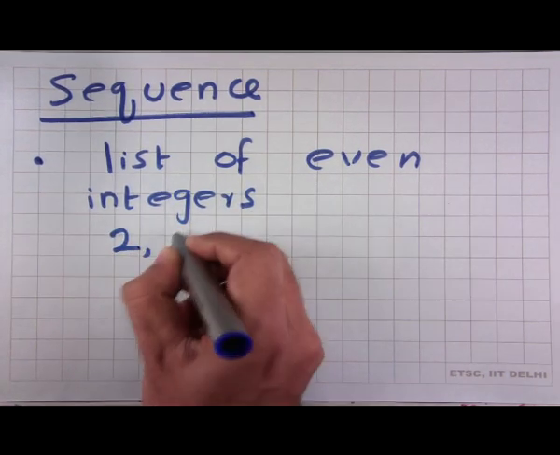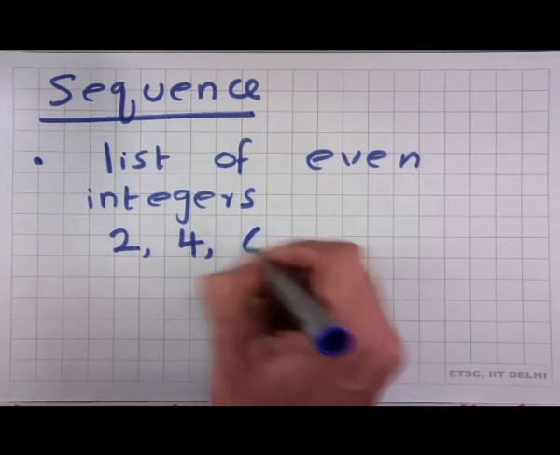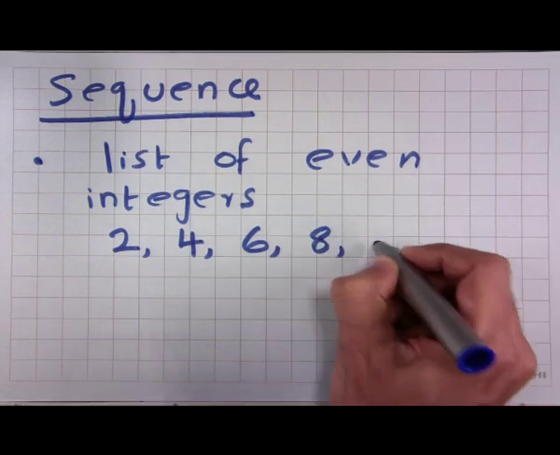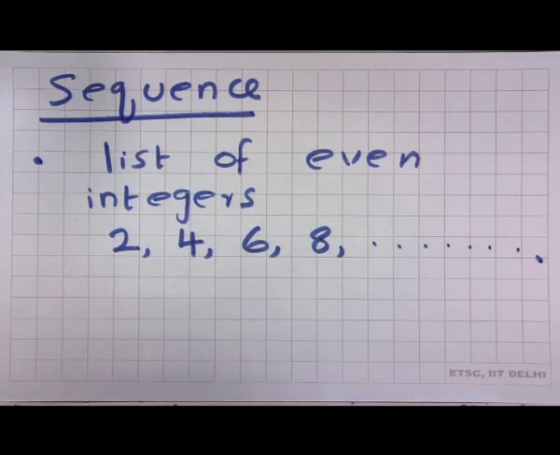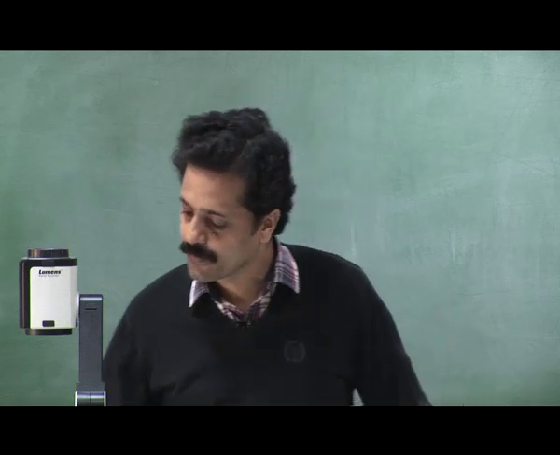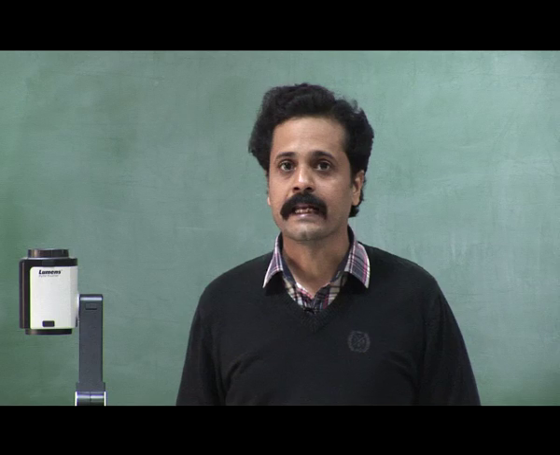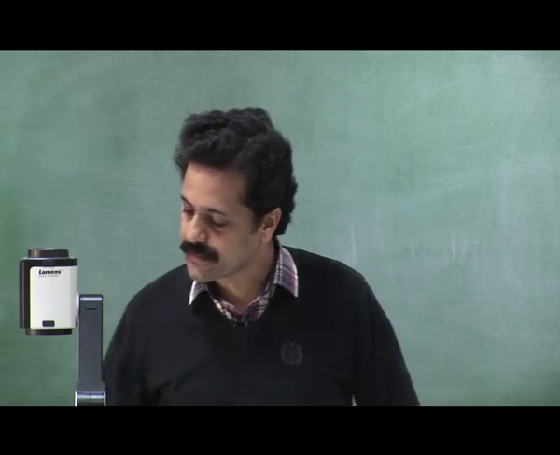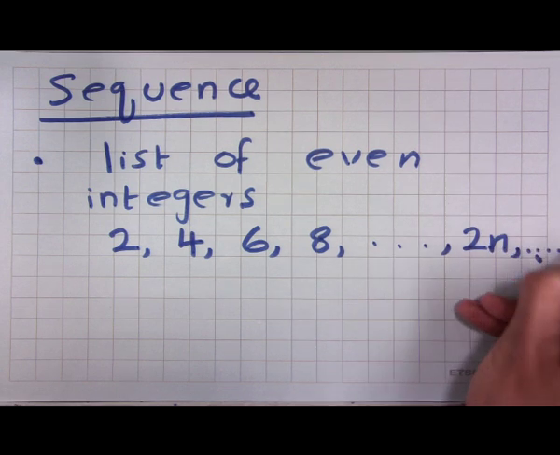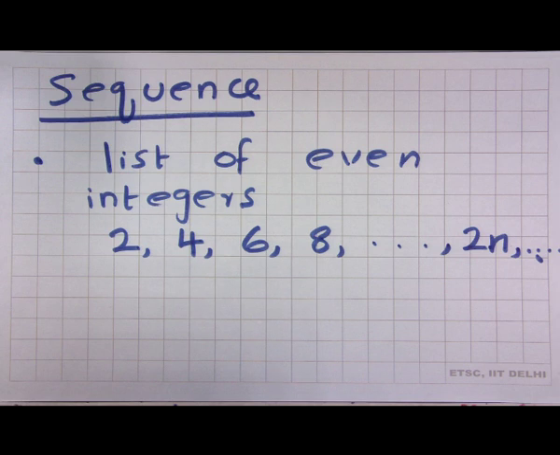As you all know, even integers, to be specific, even positive integers can be listed as 2, 4, 6, 8 and so on. The nth even integer will be 2n, so on and so forth.